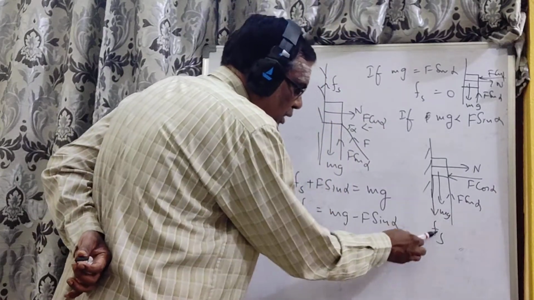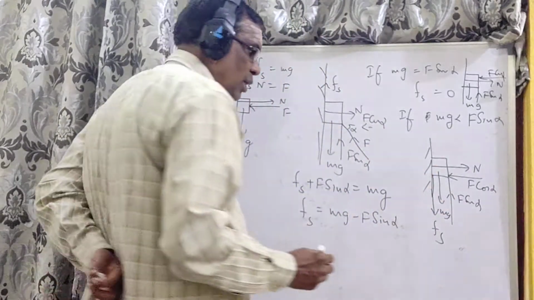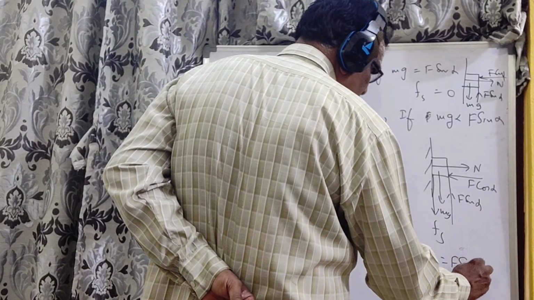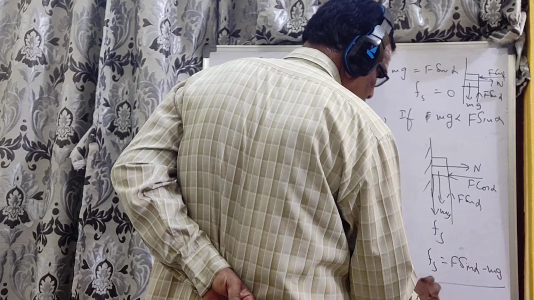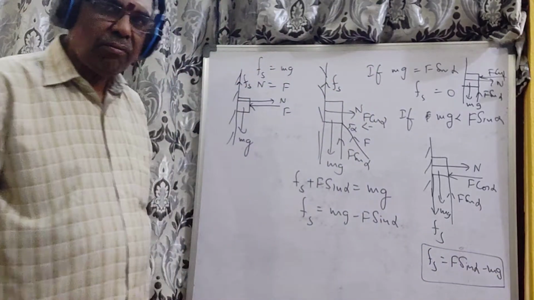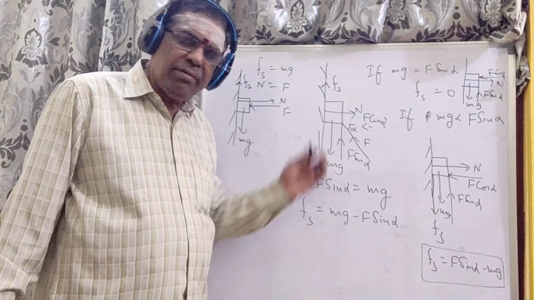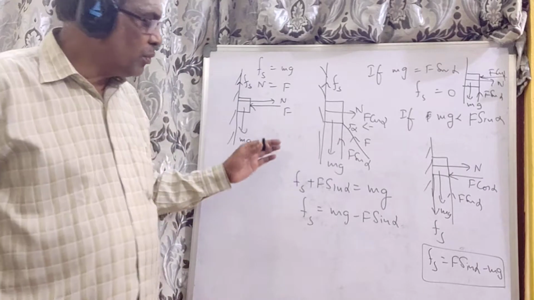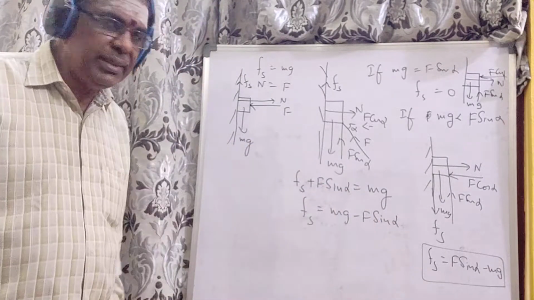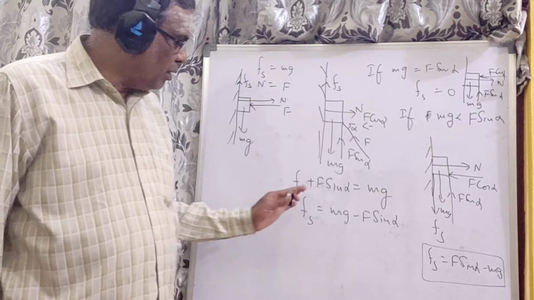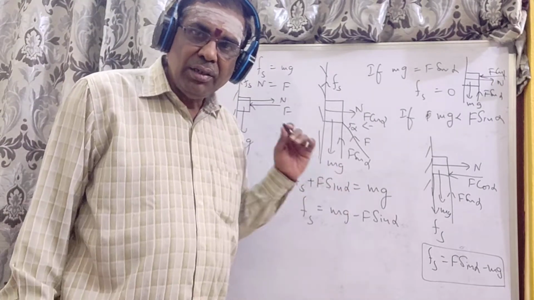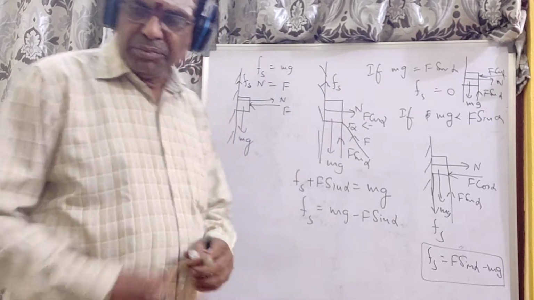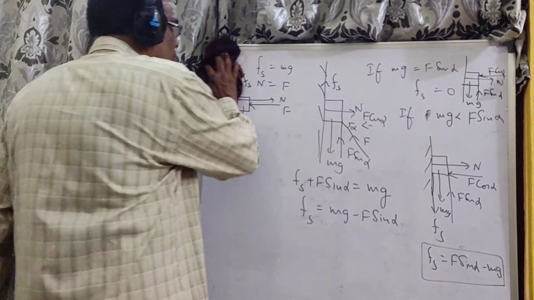So mg plus Fs is equal to F sin alpha, or Fs is equal to F sin alpha minus mg. If it is negative, downwards. If it is positive, upwards. You see, very, very interesting. One has to be very careful because the direction of frictional force can reverse in this case. I hope this is clear to you.